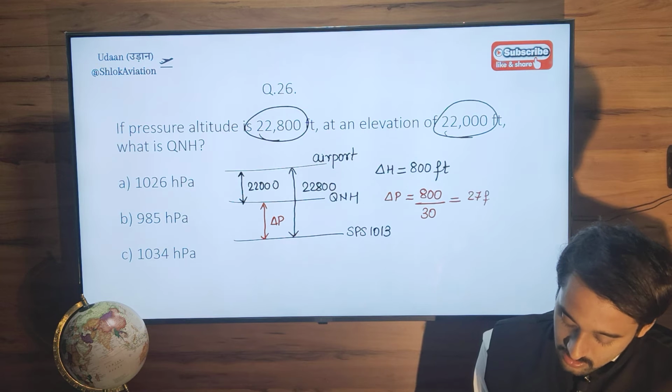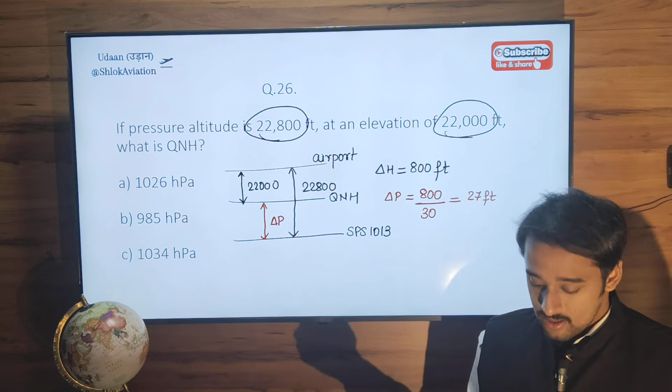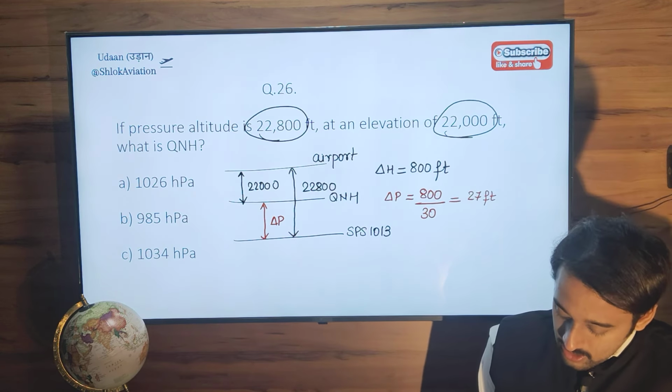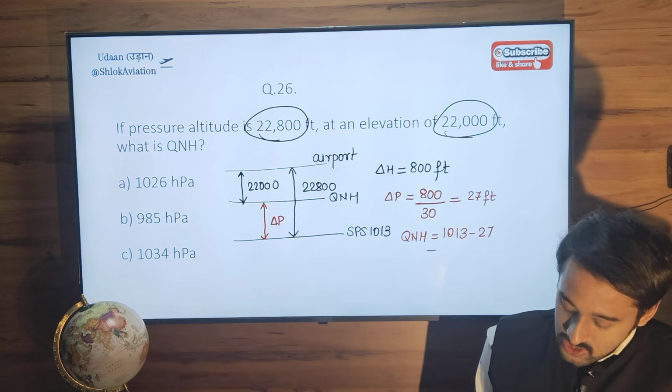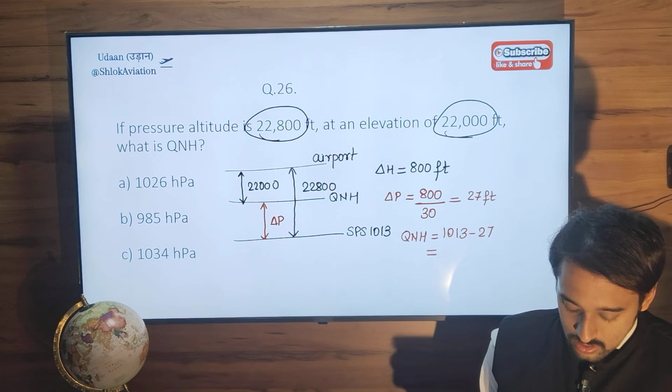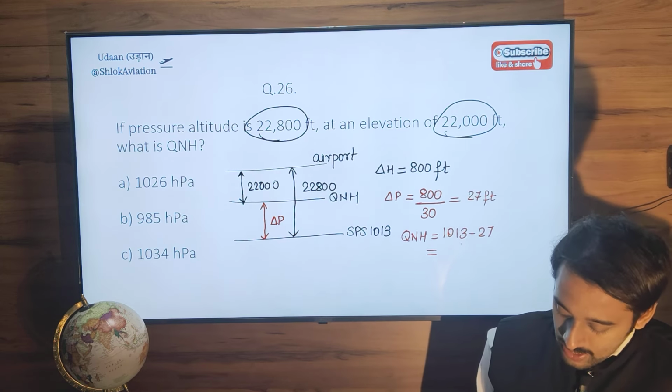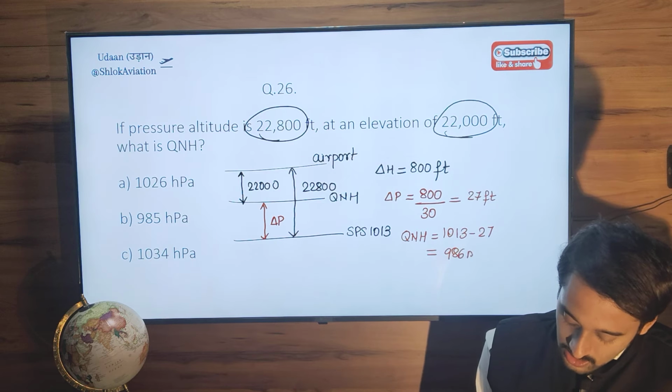So QNH will be less than 1013 by 27, which is equal to 986 millibars.